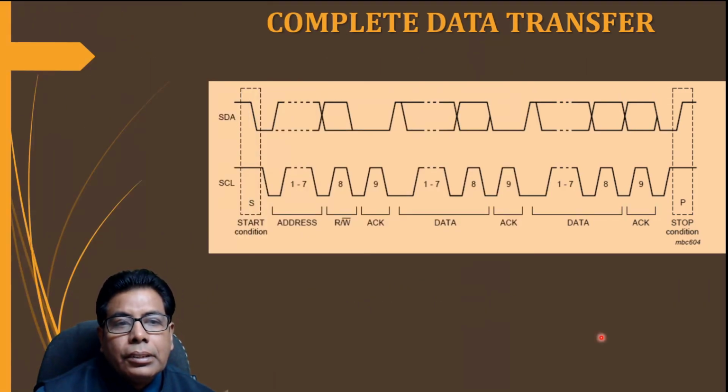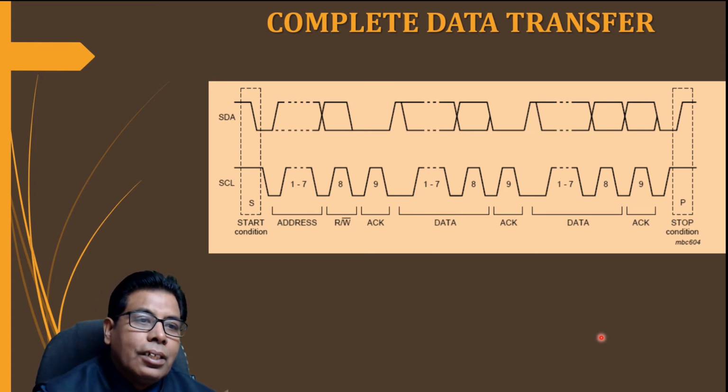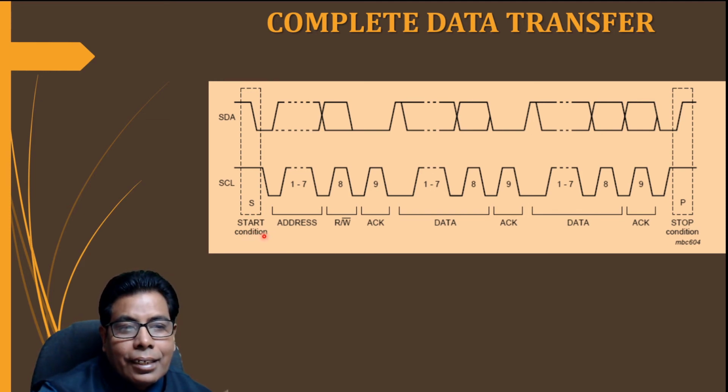So this is the figure which shows the complete data transfer. You can see here the data transfer will start with the start condition, and in the start condition the serial data line is going from high to low when the serial clock is high.